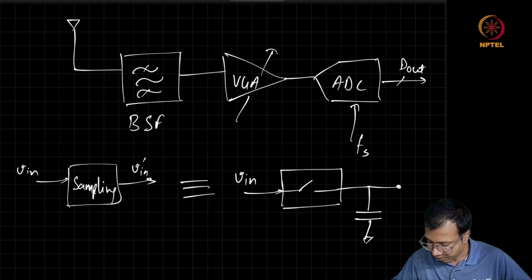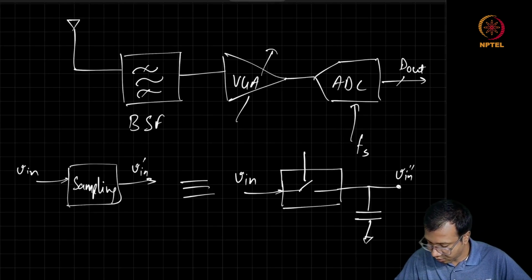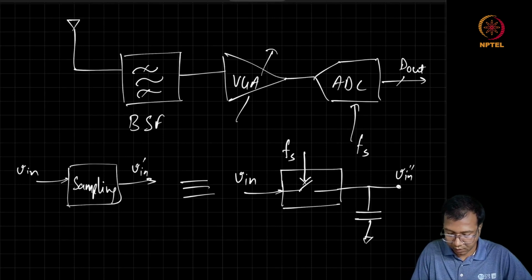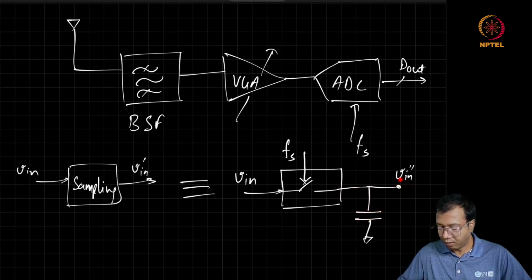In reality, you will have not just a V in dash, you will have a V in double dash, which is going to be the held sampled value of the input.